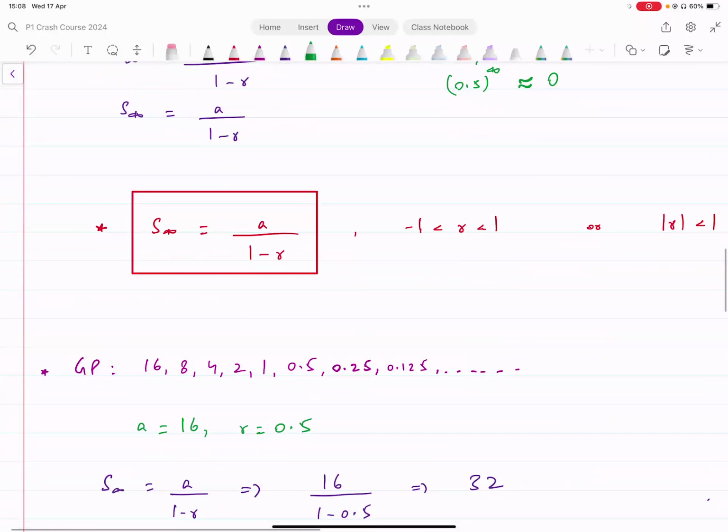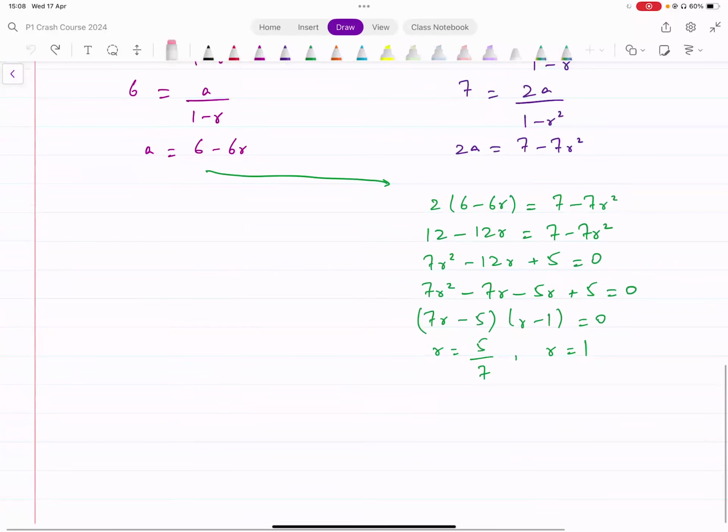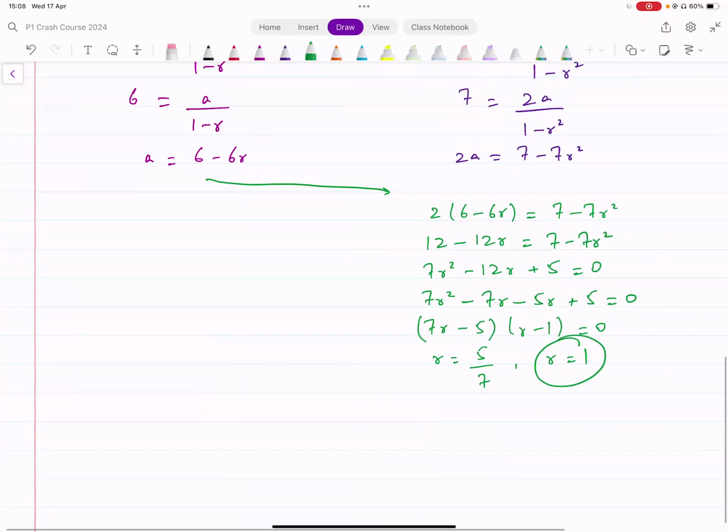It only exists when ratio is between -1 and 1. It should not be equal to 1 or -1. If R was equal to 1, the sum to infinity would not exist. So this is not possible, and the only value of R that we have is 5 over 7.